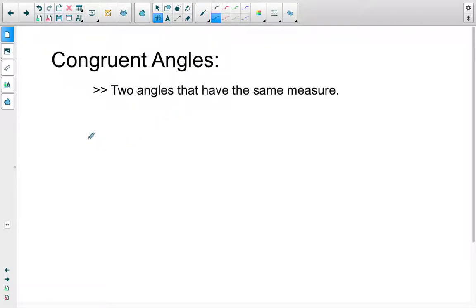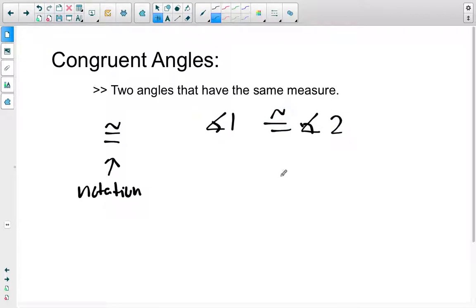As a quick reminder, this is our notation for when something is congruent. If I was saying that angle 1 and angle 2 are congruent, just in general, I would put that there. But I can't use congruency when I'm calling two algebraic expressions equal.